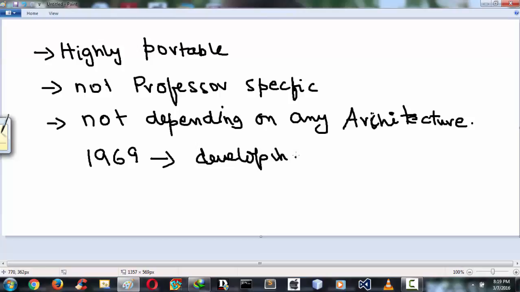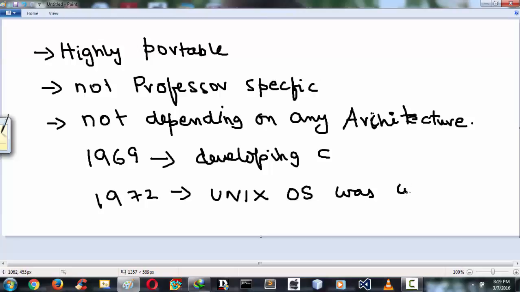Finally, by 1972, the technology had become so popular that the Unix operating system was rewritten entirely in C from assembly language. I'm sorry for ruining my handwriting here.